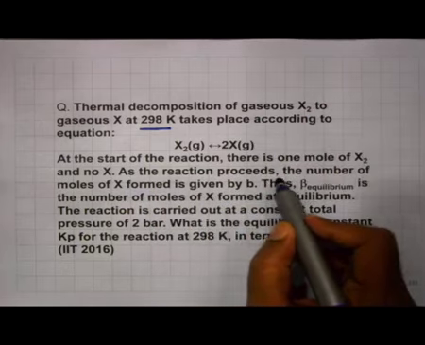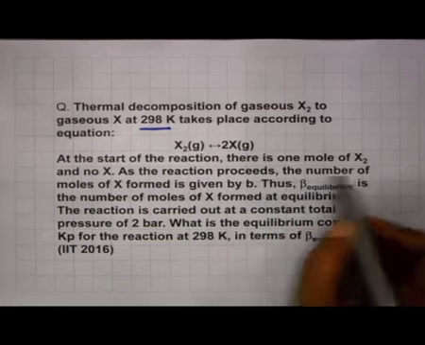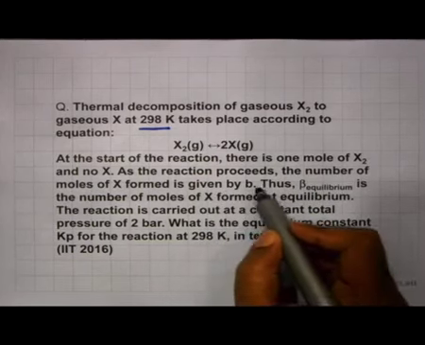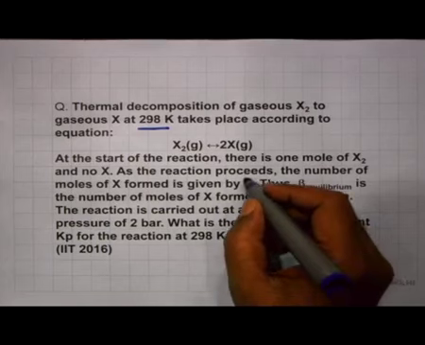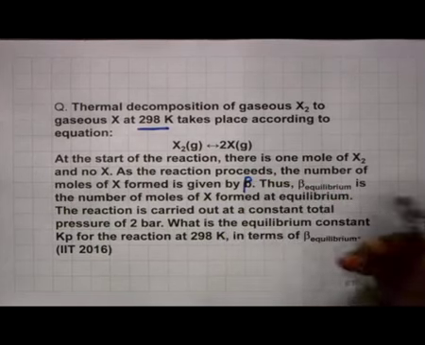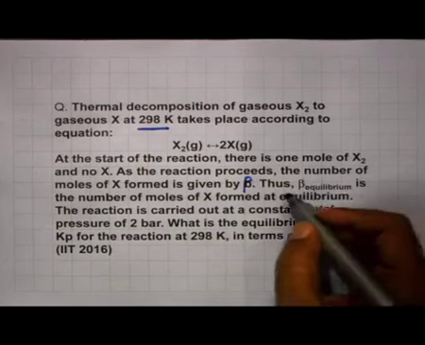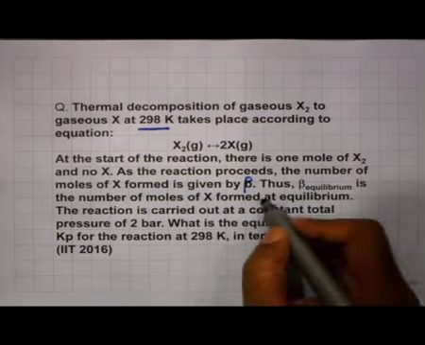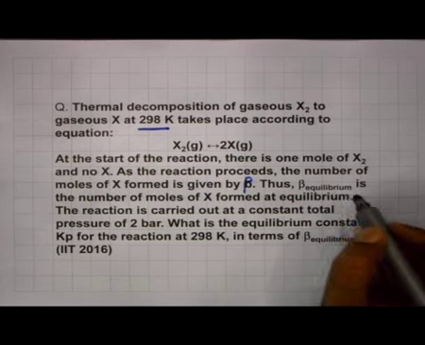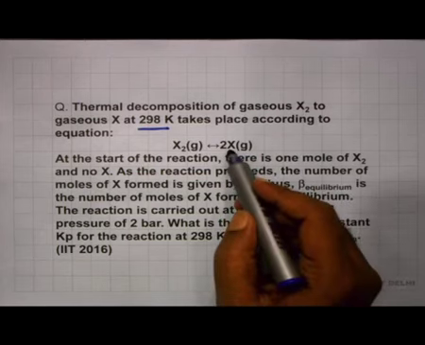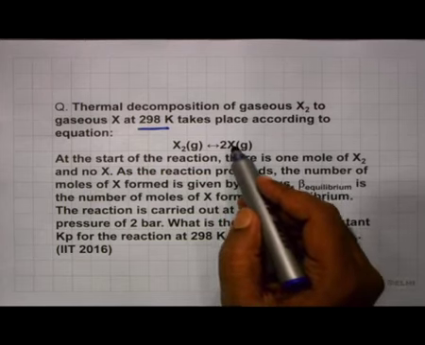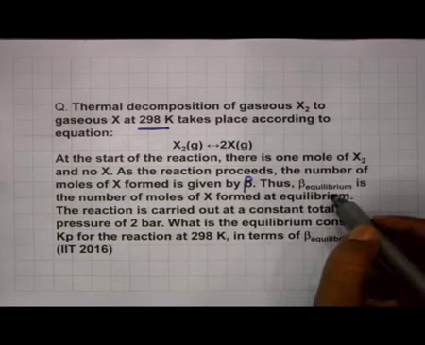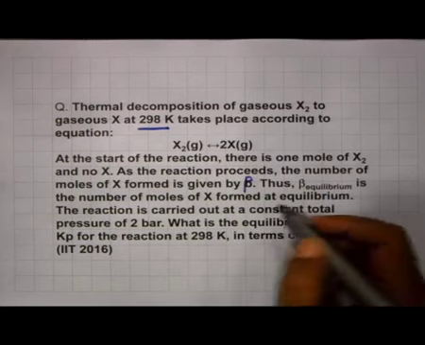As the reaction proceeds, the number of moles of X formed is given by beta, sorry, this is beta. So, beta equilibrium is the number of moles of X formed at equilibrium. So, at equilibrium the concentration of this X is beta.